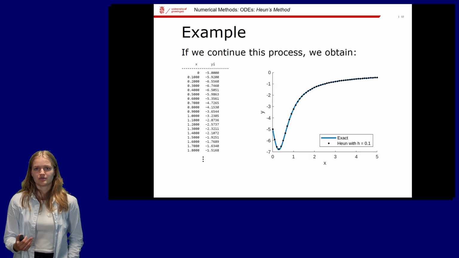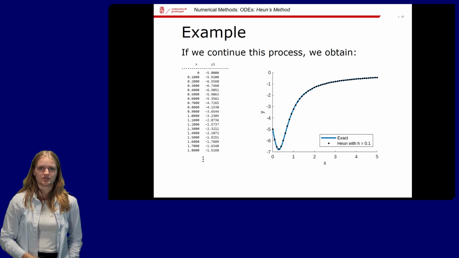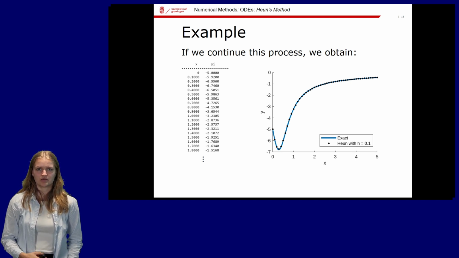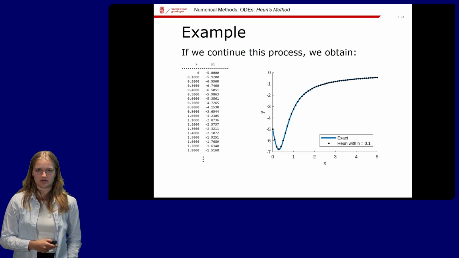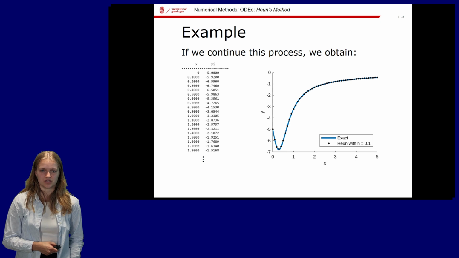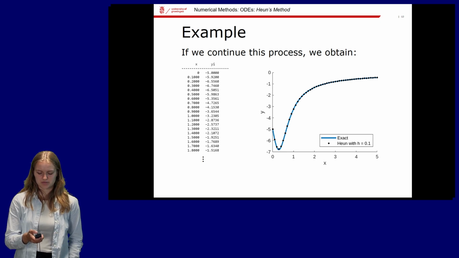If we do this in MATLAB, we obtain the following table of values of y and x. And if we plot them, we get this graph, where the blue plot is the exact solution to the differential equation, and the black dots are the values that are obtained using Heun's method with step size 0.1.